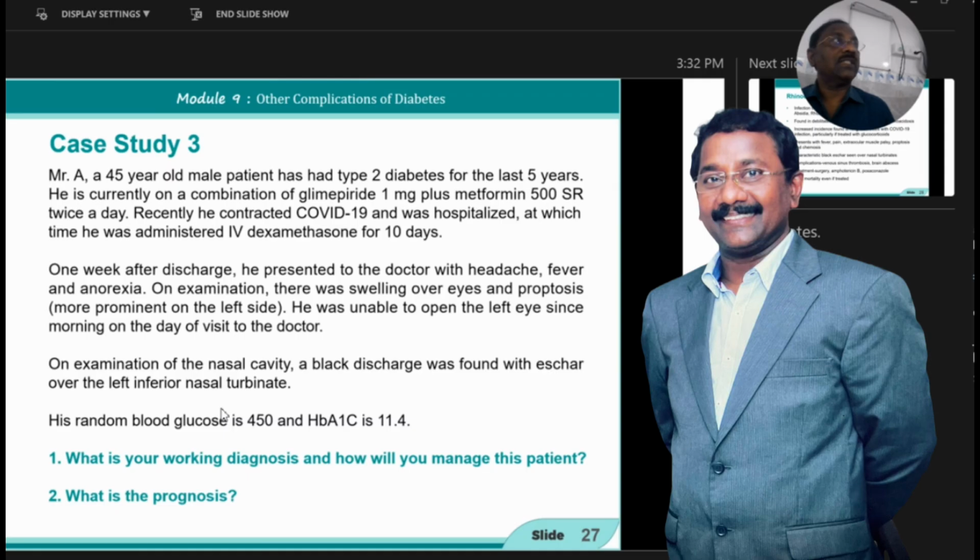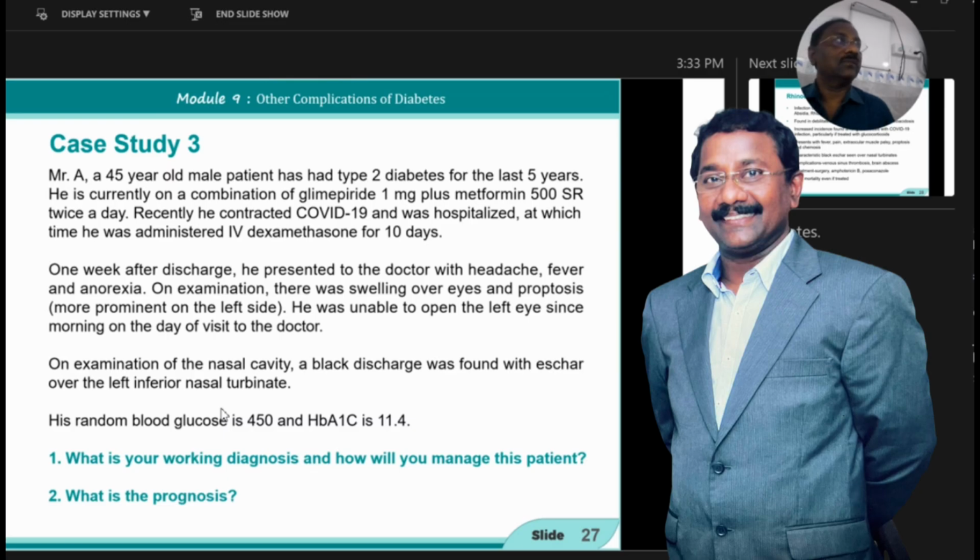See the history of the patient. He got the diabetes at the age of 40 years. Now he is 45 years old. He is on Jammer 1 mg twice a day. The sugars were relatively under good control till he got COVID-19. So he contracted COVID-19 and was hospitalized and then given injection Decadron for 10 days.